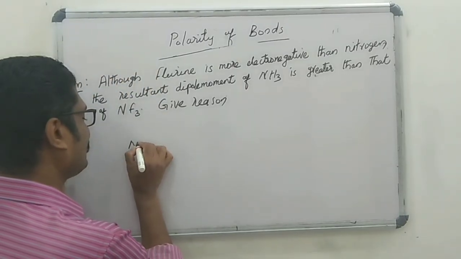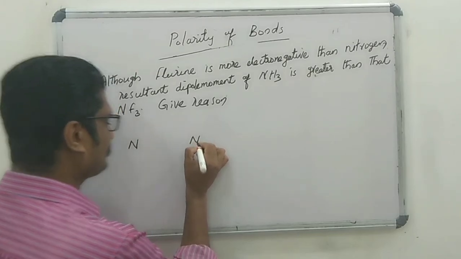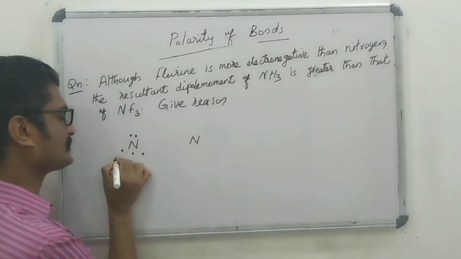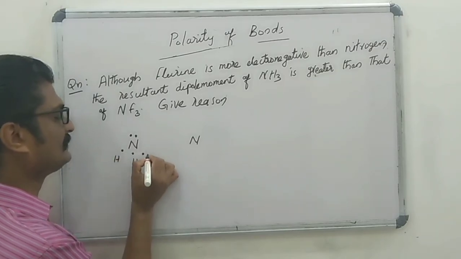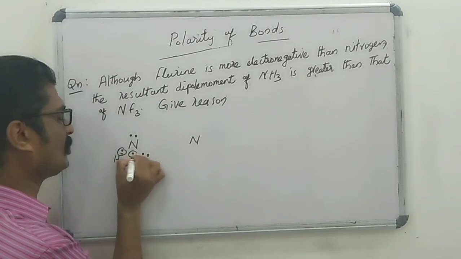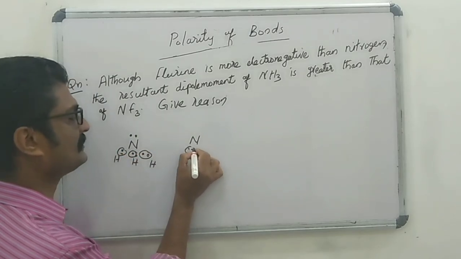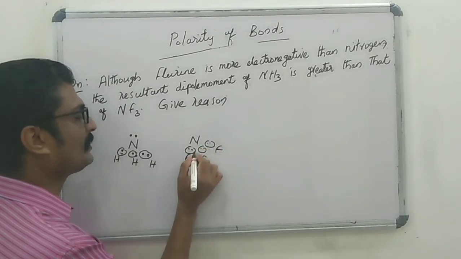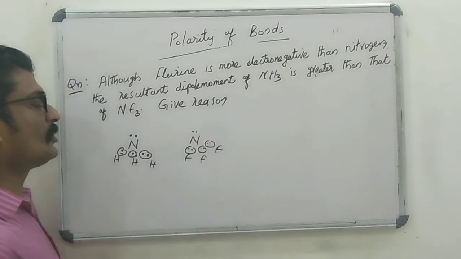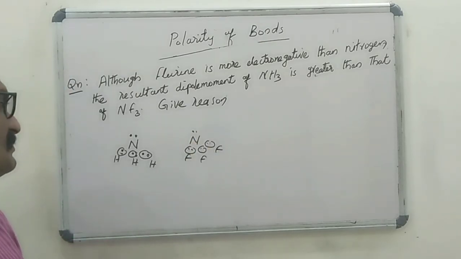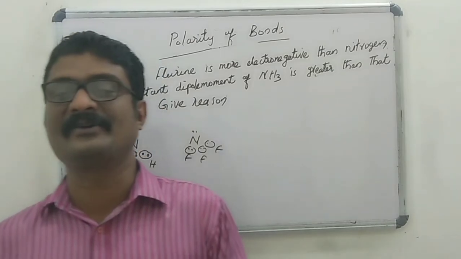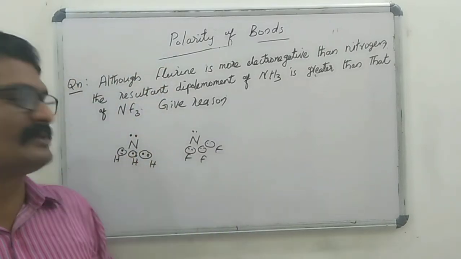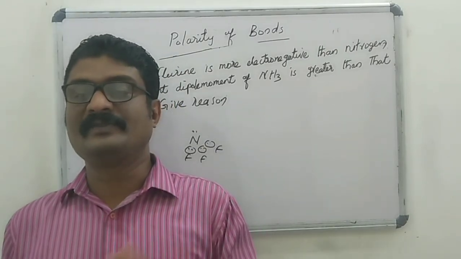In NH3 and NF3, the central nitrogen atom is surrounded by 3 bond pairs of electrons and 1 lone pair of electrons. Hence both NH3 and NF3 have pyramidal structure, and the central atom has a lone pair of electrons.